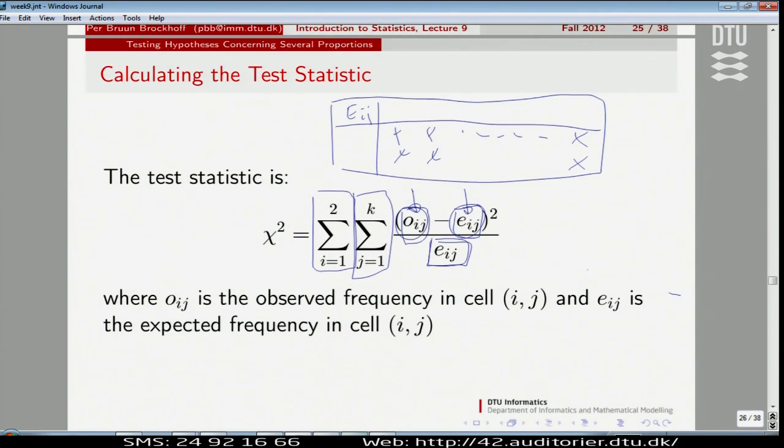If I expect 1,000, then it's not a big deviation to see 998. So I hope you can follow here that it makes good sense to make this a relative thing. It's really the proportions that you compare, not the absolute value. So it has a construction that actually compares the proportions here.